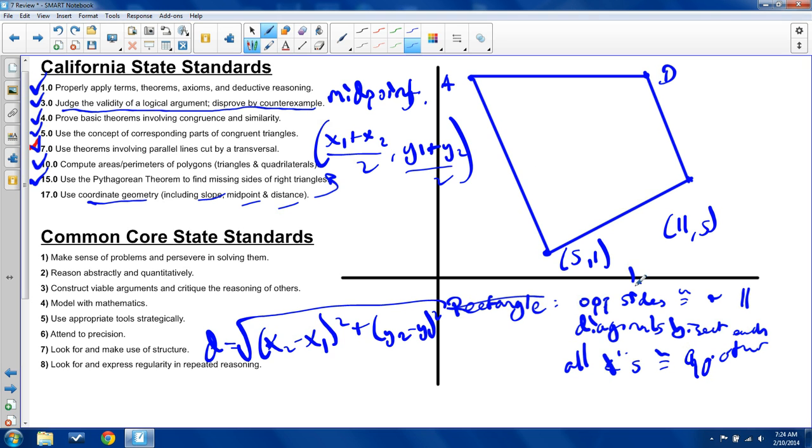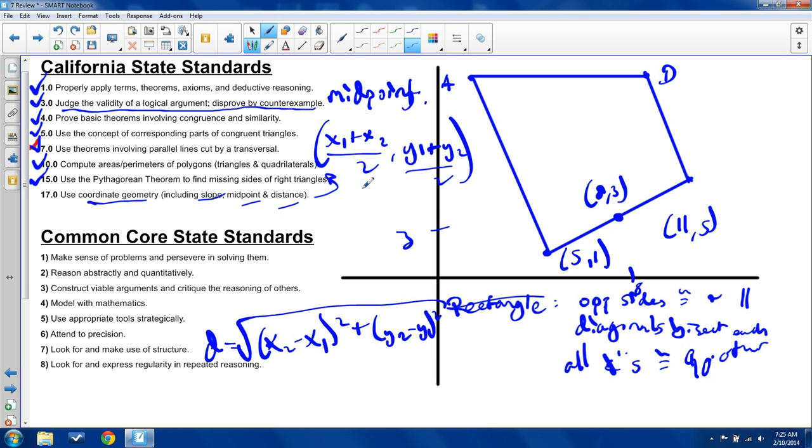So I go 8 over, and I'll go 1 plus 5 is 6, 6 over 2 is 3, so I'll go 3 up. And this point here is 8, 3. That's just an example of some midpoint. So I might have you use triangle midsegment theorem on the exam if you find two midpoints and find the distance and so on.